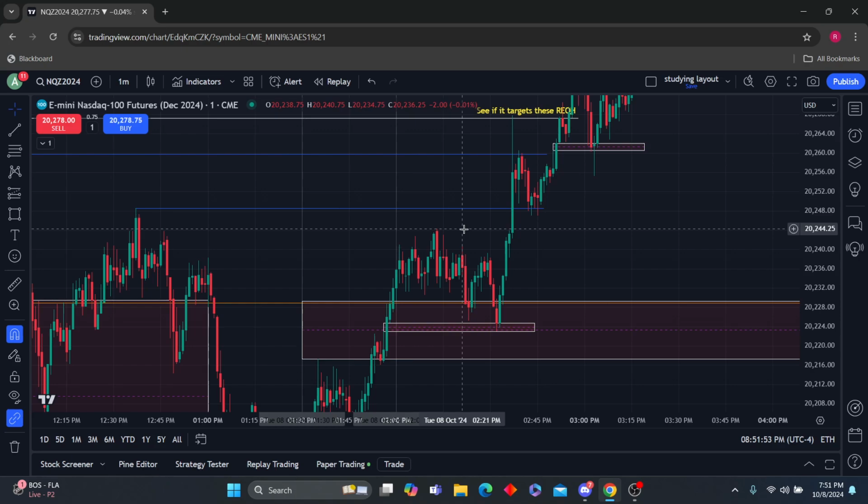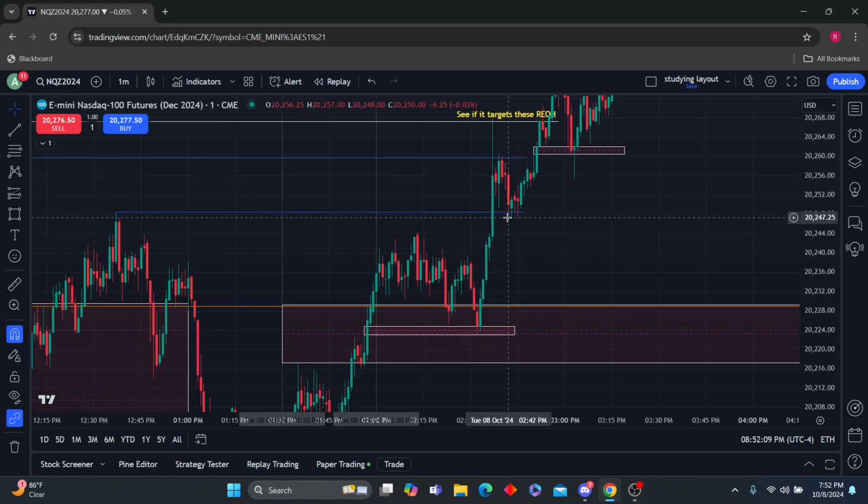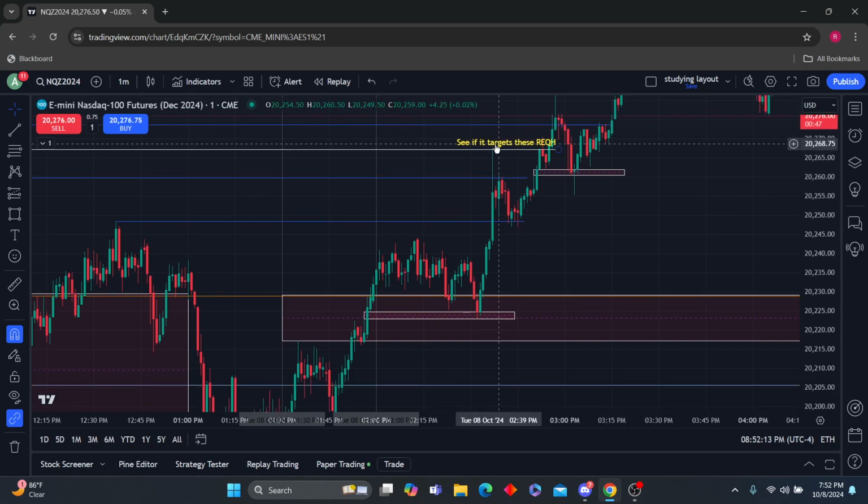Then when it starts to hit this, goes up. Fair value gap breaks through these. I want to enter in right here. Boom. Sees relatively equal highs. Closes above.